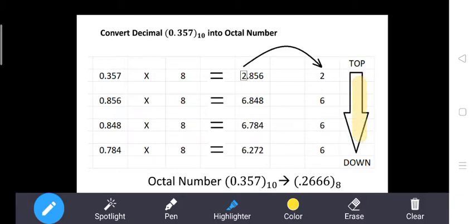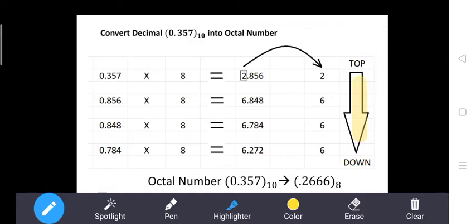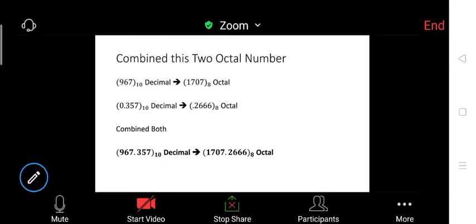top to bottom. So my octal number is 0.266. So I combine these two octal numbers.